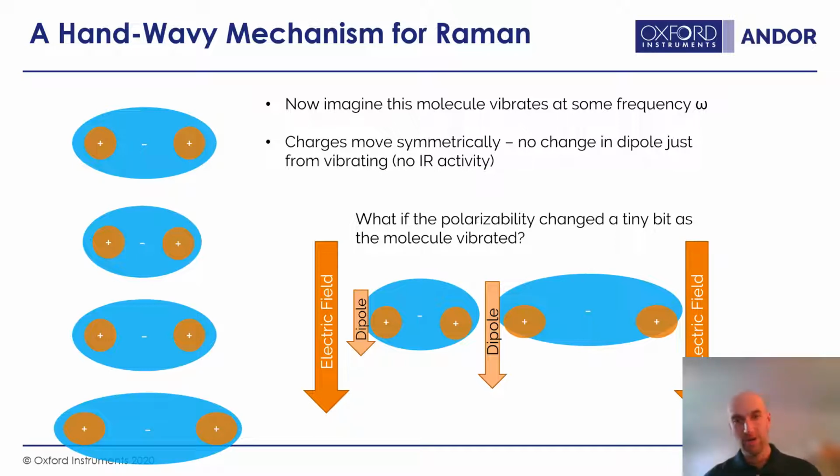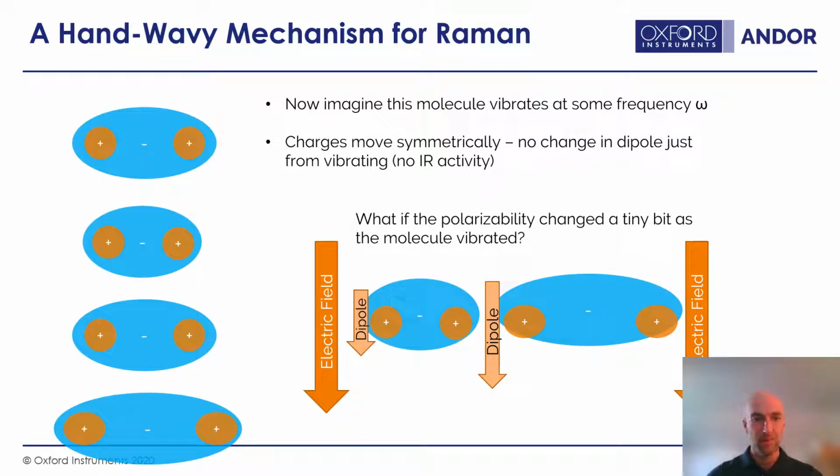Now, hear me out. What if the polarizability changed a tiny bit as the molecule vibrated? So here is the molecule at this frame when it's squished together. Here's the molecule at this frame when it's pulled apart, just by inertia, not by some external force. So what if we looked at the polarizability when the molecule's like this, and when the molecule's like that? What if they were just a little bit different? Why would they be different?